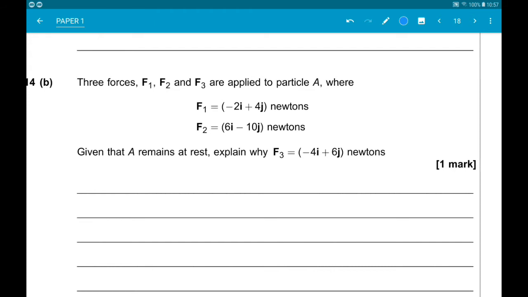Given that A remains at rest, explain why F3 is minus 4i add 6j newtons. Okay, so particle A then is still in equilibrium, so for equilibrium F1 add F2 add F3 must be 0.